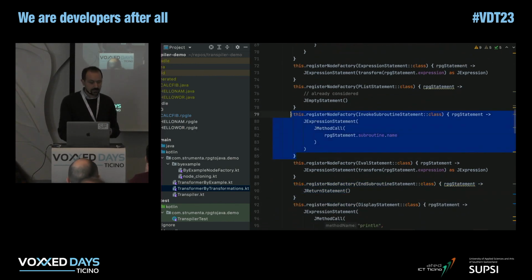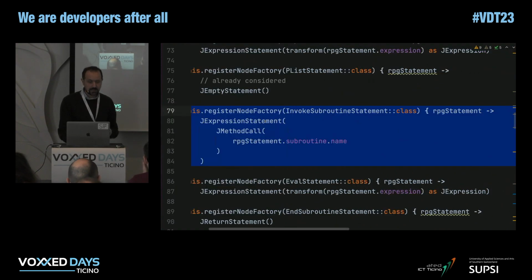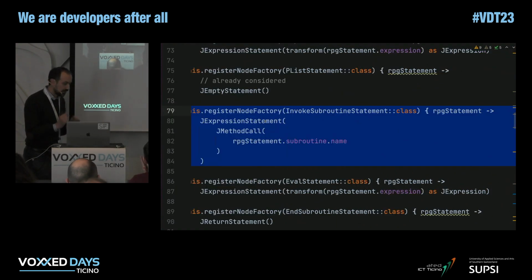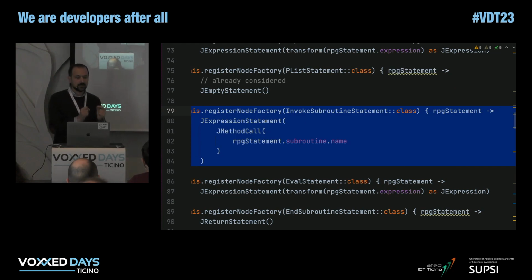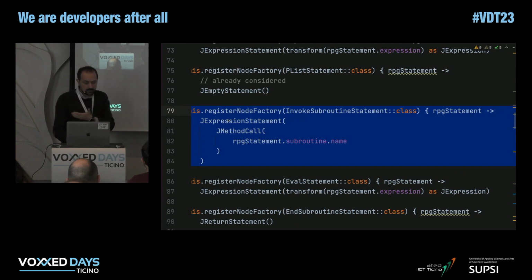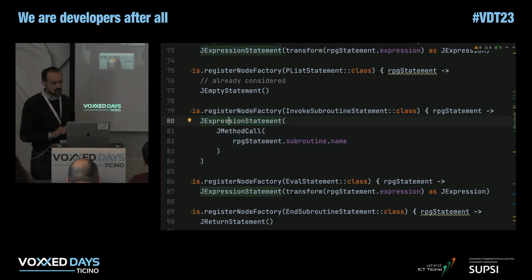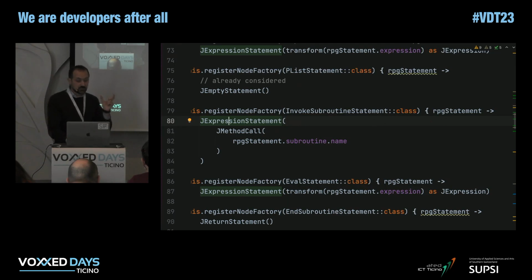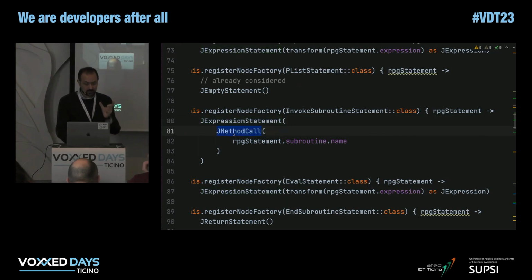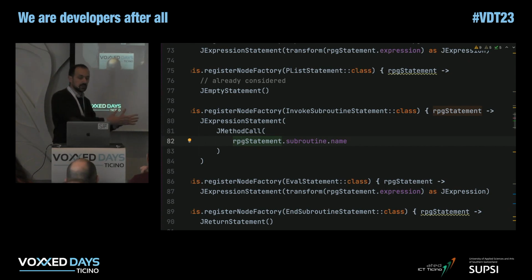Let's take this statement. In this statement, we are basically saying that every time you find in the RPG abstract syntax tree a statement that is an invocation of a subroutine, in the Java abstract syntax tree you will put instead, as a translation of that bit of the RPG abstract syntax tree, a Java expression statement that contains a method call to a method that will be called as the subroutine in RPG.